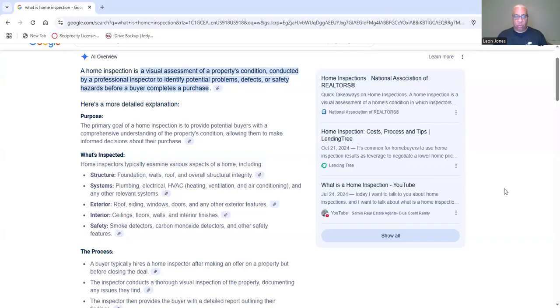The systems, your plumbing, electrical, heating, ventilation, and air conditioning, and other related systems. And those systems are very relevant to the operation of making sure that you have MEP, mechanical, electrical, and plumbing.